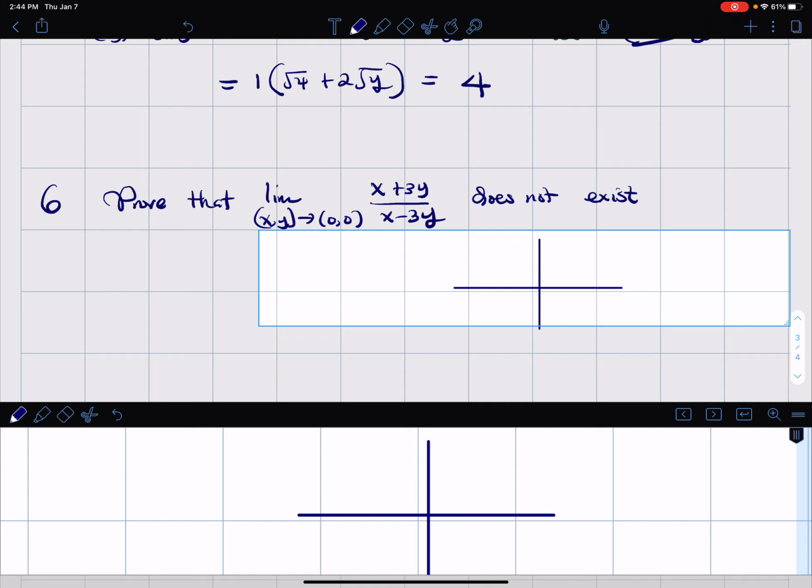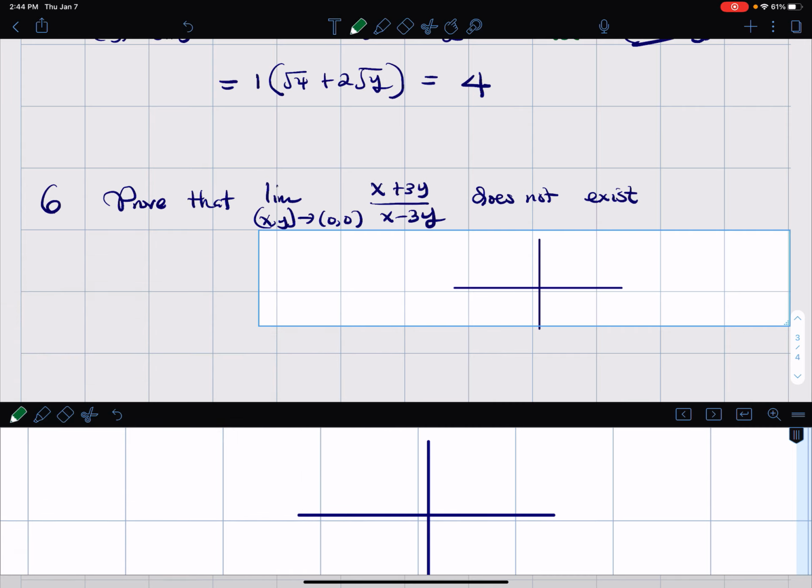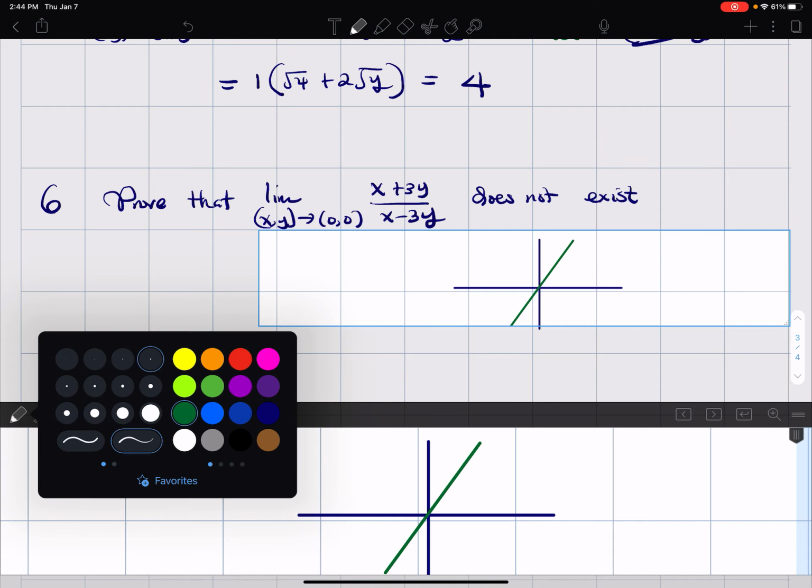One way is to choose a family of paths and then realize that if you take one member of the family, you get one limit. If you try another member, you get another limit. For this problem, I'm going to choose the paths y equals mx. So y equals mx looks like lines like this, or some other line.